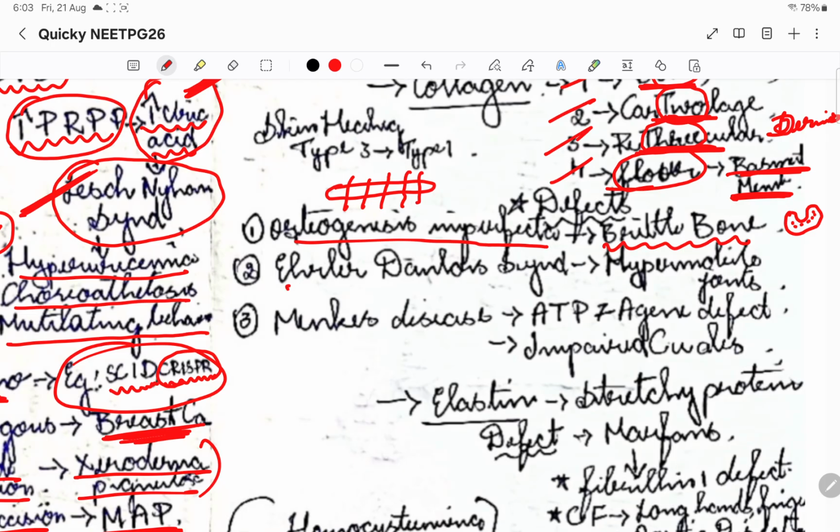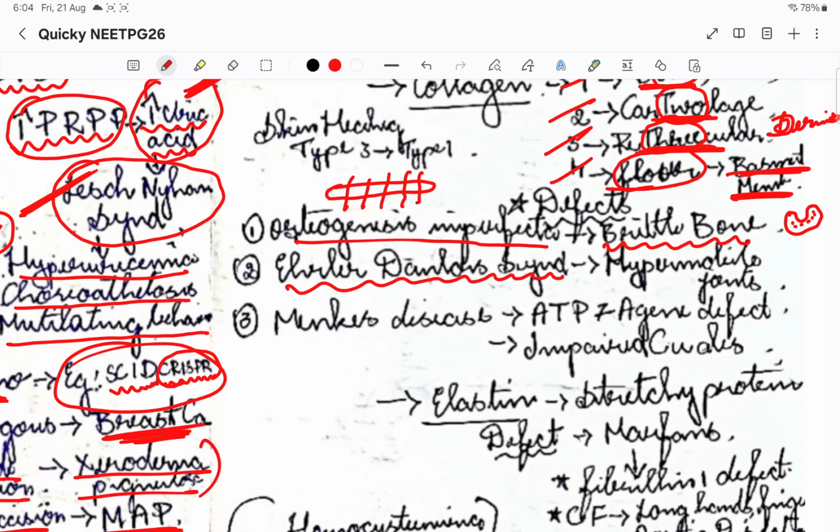Then comes another condition called Ehlers-Danlos syndrome. Ehlers-Danlos syndrome is where there are mobile joints. You would have seen this in certain circus people, or some of your friends might have it. They are able to flex their fingers too much and move their skin too much.